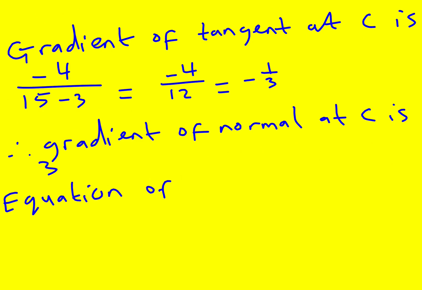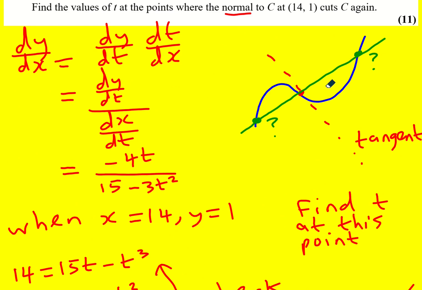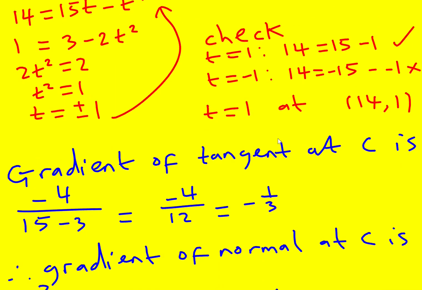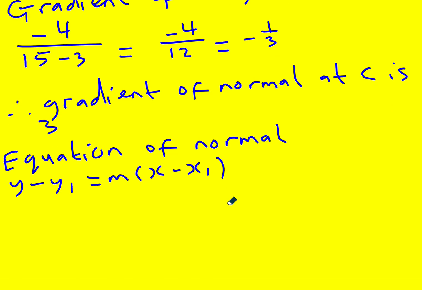Now the equation of the normal. This is the key thing we're trying to get to, because if we can get the equation of the normal, we can solve it simultaneously with the equation of the curve to work out the other point of intersection. y minus y1 equals m times (x minus x1). That tends to be the easiest formula to use for the equation of a straight line.